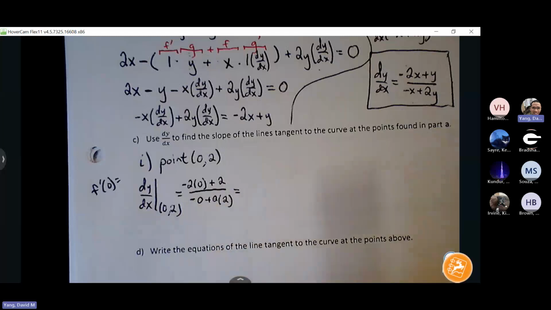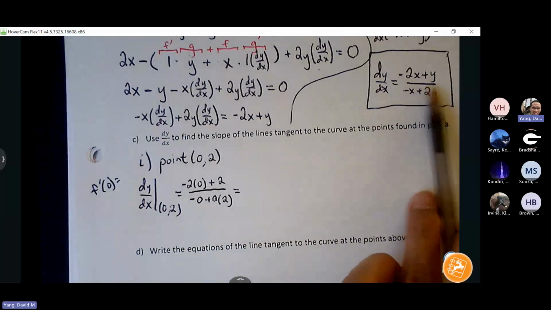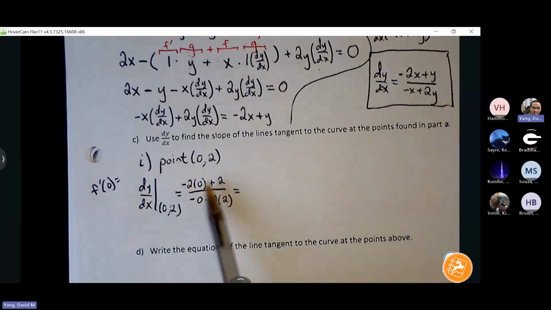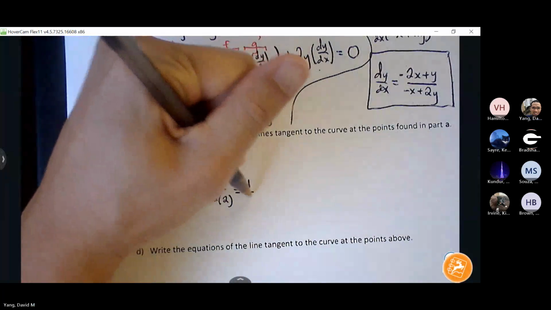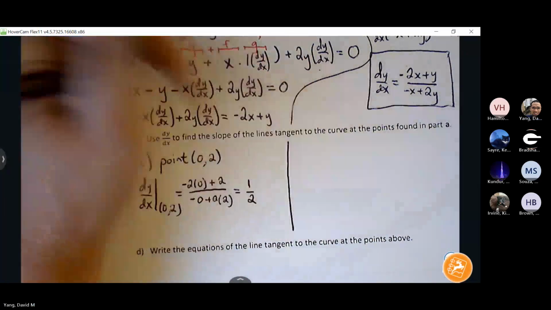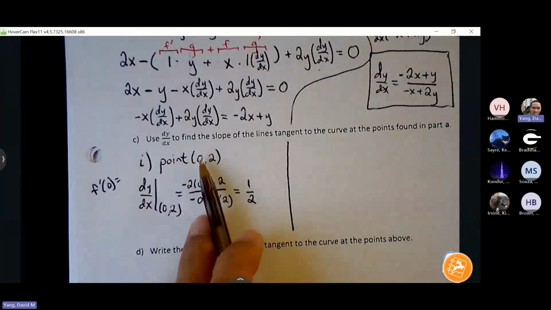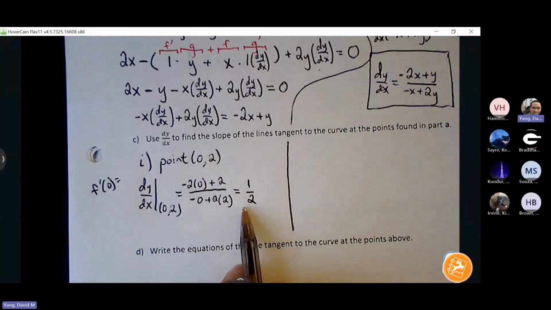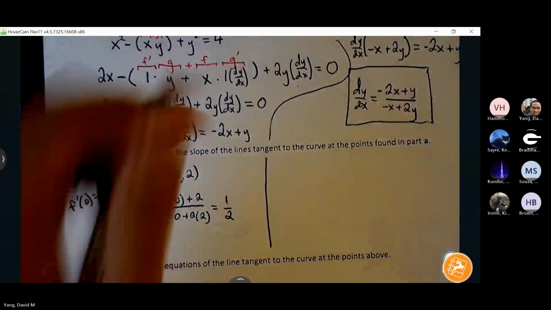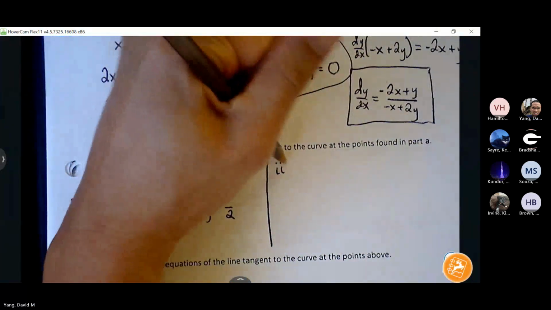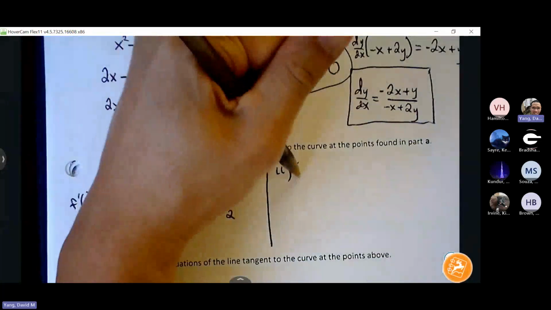Right, so all I'm doing is replacing every x and y with 0 and 2, seeing what numbers I get back in return. I get 2/4, which is 1/2. So at this point, there's a slope of 1/2. There's a second point, (0, -2).